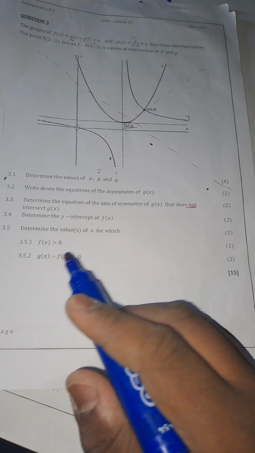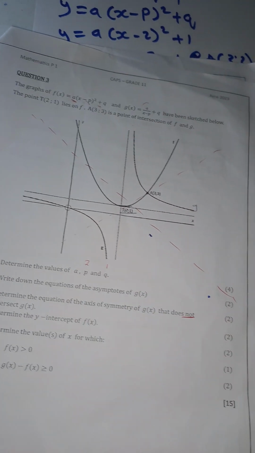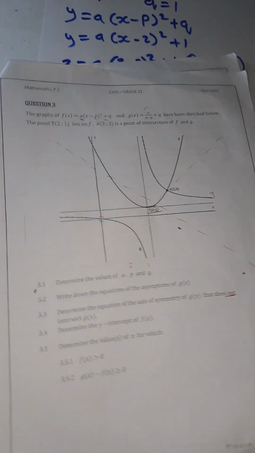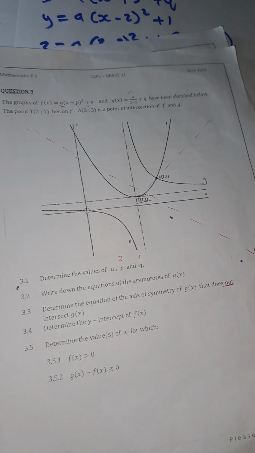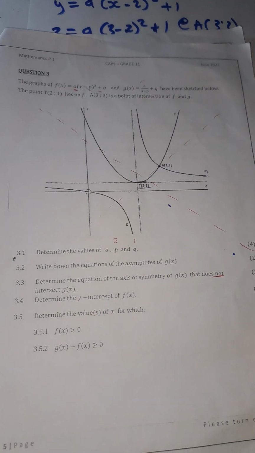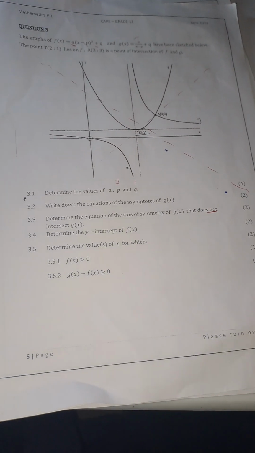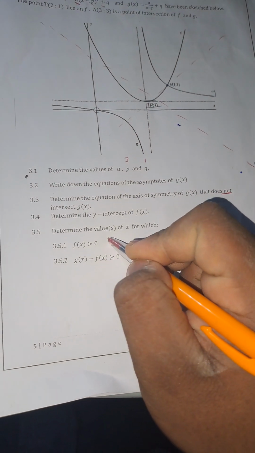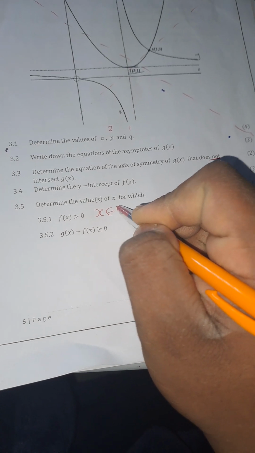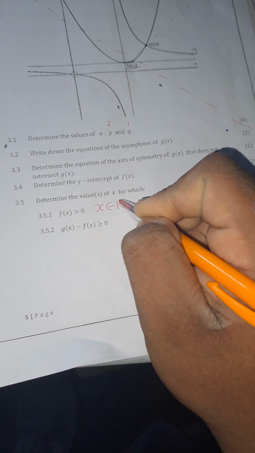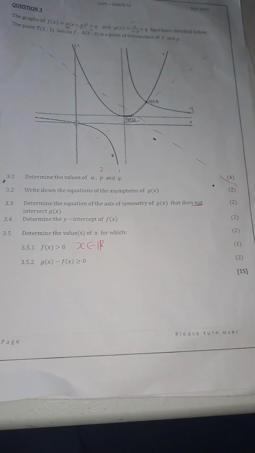Determine the values of x for which f of x is greater than. So they are saying determine the values of x whereby your f of x, this graph, is greater than. For this one you don't have to worry because it is not a problem. It is simply x is an element of the real numbers. This doesn't change, it is always there.